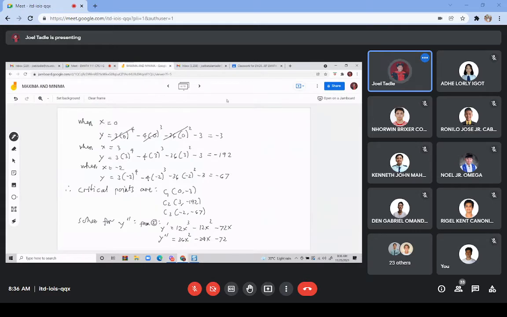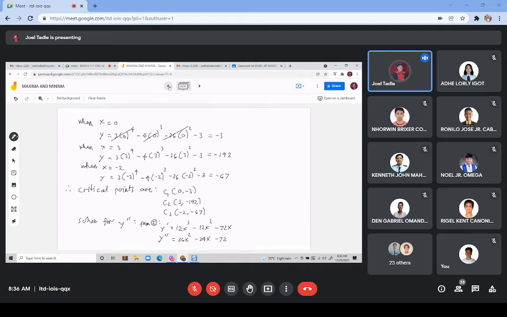So, diri dyan, ato nang i-classify ang critical point number 1. Ano sa maning critical point number 1? Minimum ni siya or maximum ni siya? Wa pa man ta kay balo. So pag classify ani atong i-determine sa ang y double prime.